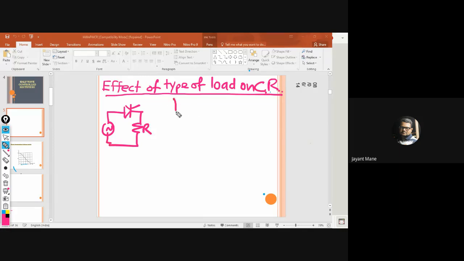So for R load, whatever is the output voltage, same is the output current. Difference is the magnitude. So here the magnitude is Vm, and here the magnitude is Vm by R.